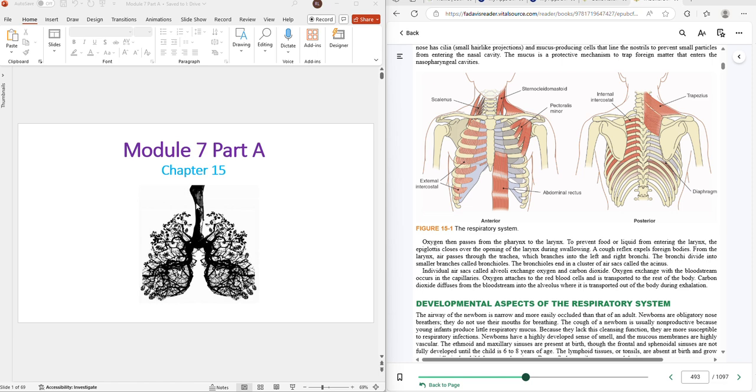Okay, so this is the trachea, the bronchi, bronchioles, and then the little tiny sacs, like berries on a tree, are the alveoli. Okay, and this is where the oxygen and carbon dioxide are exchanged.